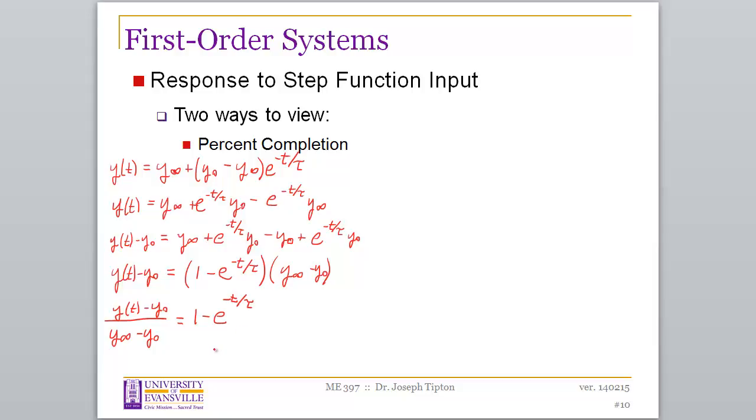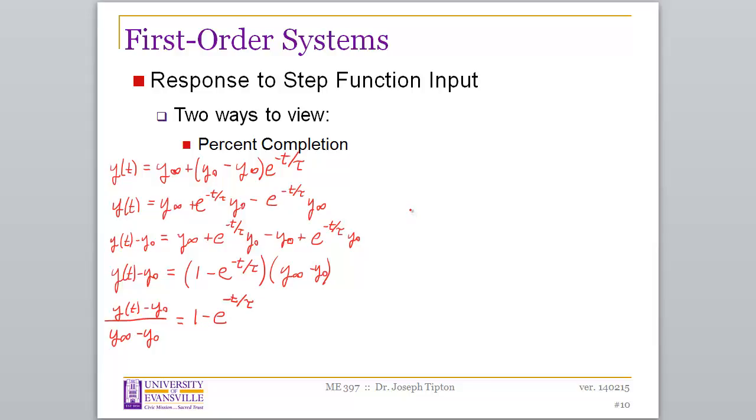Okay, what does all this mess do for us? Well, it shows us this will be unitless, right? I have response over response, so whatever those units are, they will cancel out. And this now is an easy function I can graph.